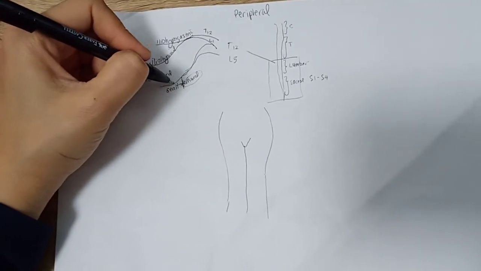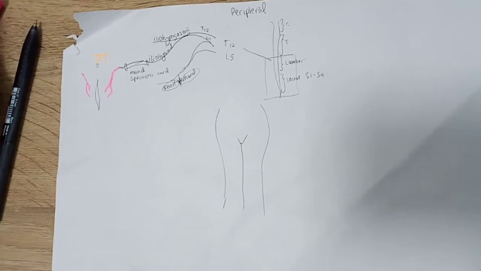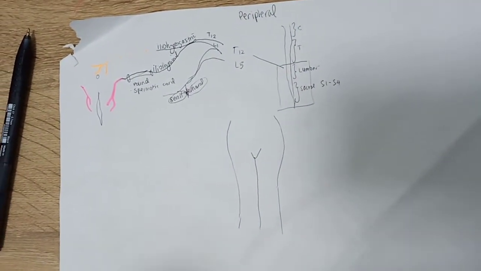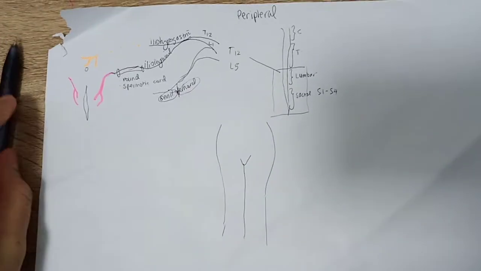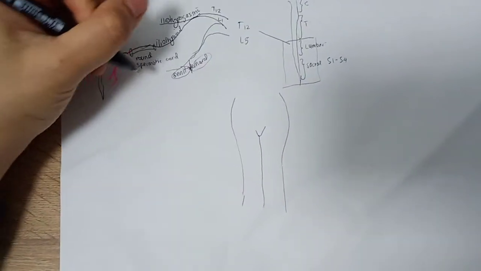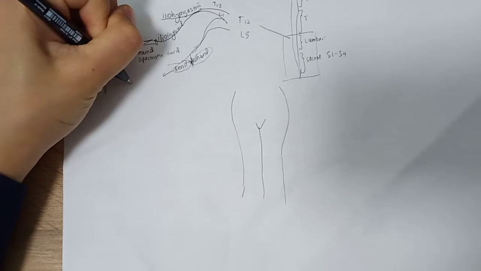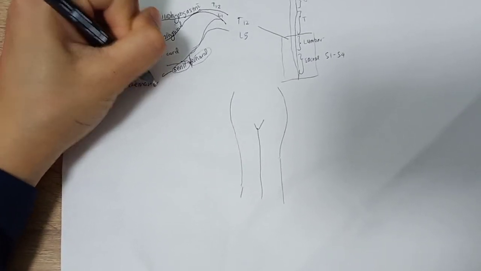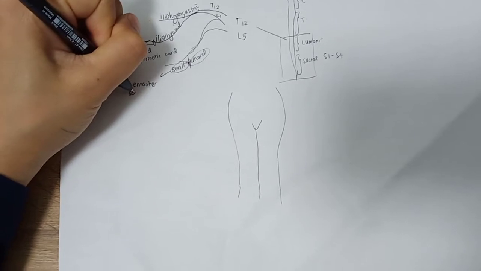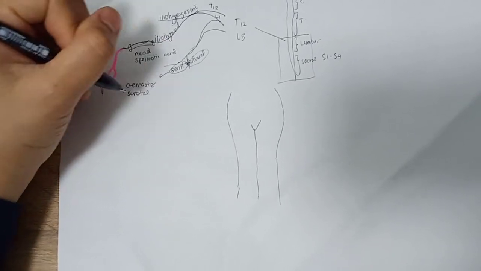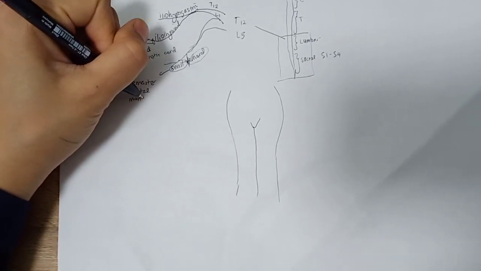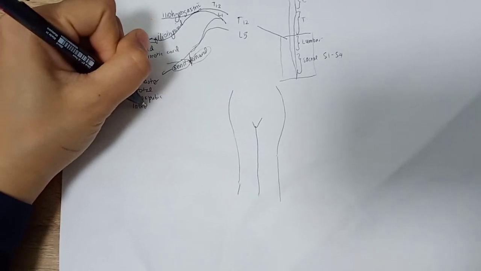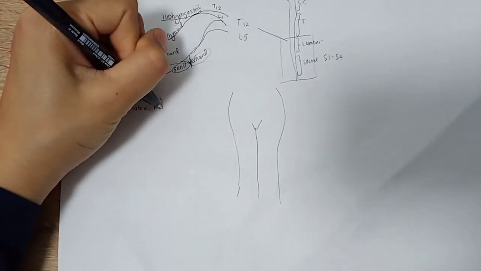For the genital, basically what it does is it innervates the cremaster muscles, the scrotal, the mons pubis, and also the labia majora.